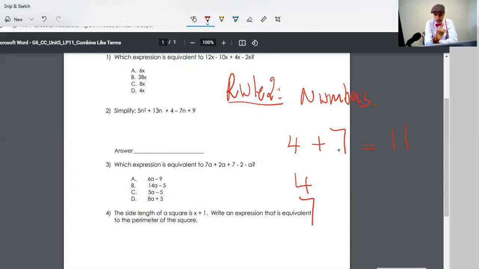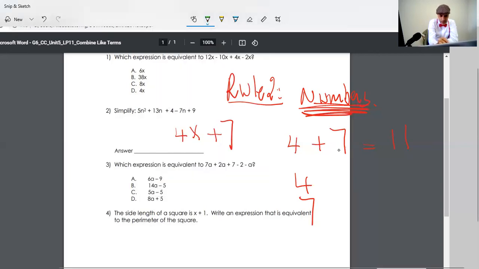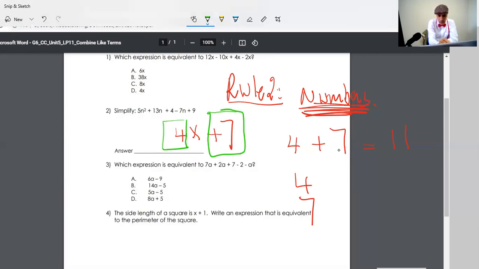Okay? There's only one little trick for rule number 2, which is if you have, for example, 4x plus 7, 4 is a number. I'm sorry, 7 is a number, 4 is not. This 4 here is attached to the variable. We call it a coefficient.